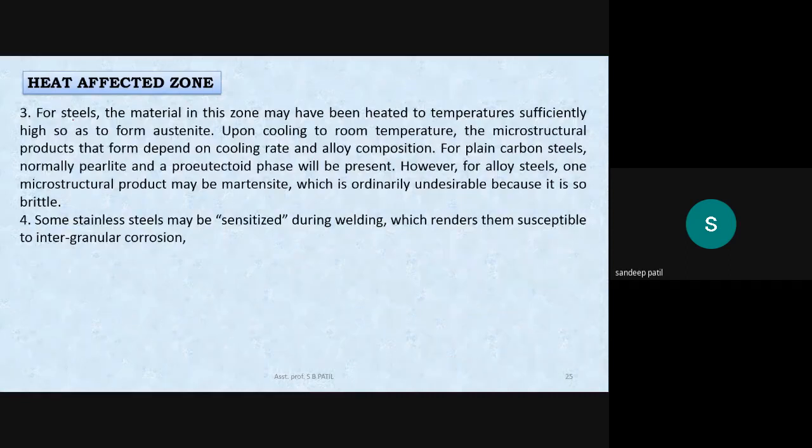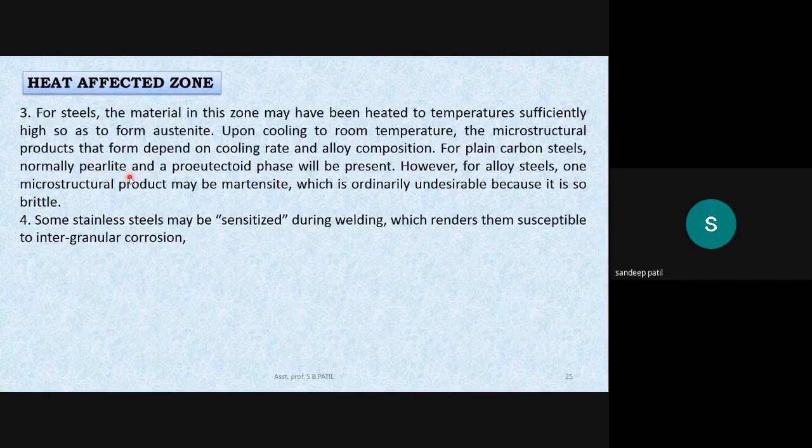Now for steels, what happens? The material in this zone may have been heated to a temperature sufficiently high to form austenite. Upon cooling to room temperature, the microstructural products that form depend on the cooling rate and the alloy composition. For plain carbon steel, normally pearlite and proeutectoid phase will be present.